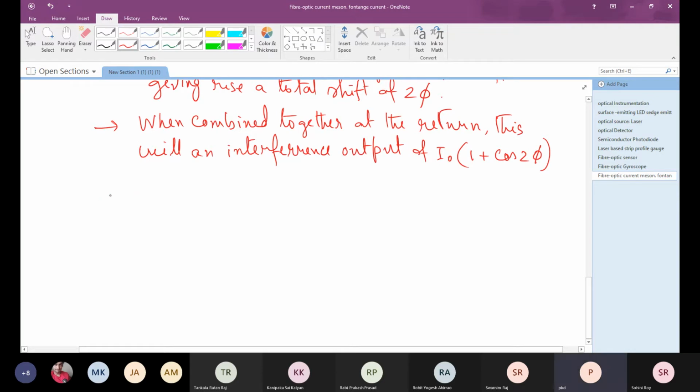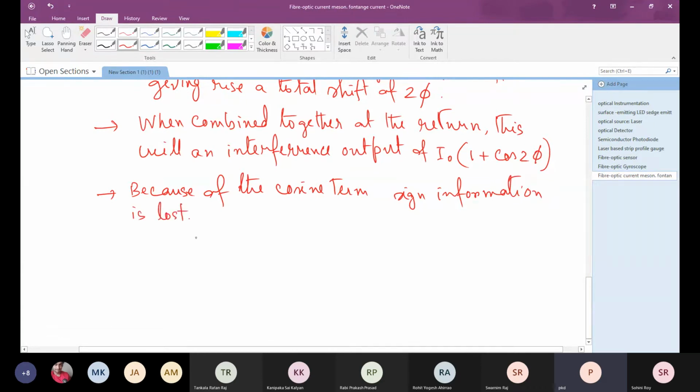Now again, because of the cosine term, sign information is lost. So whether the current is plus I or minus I cannot be determined by this.